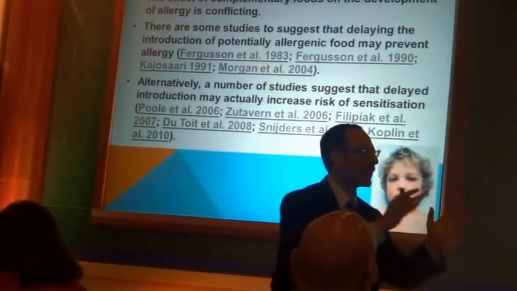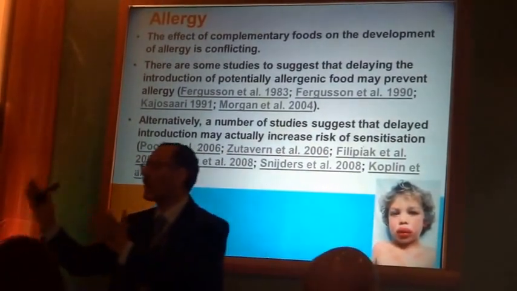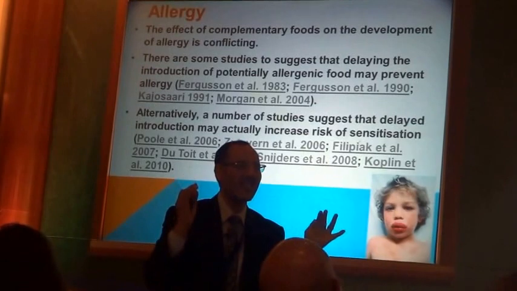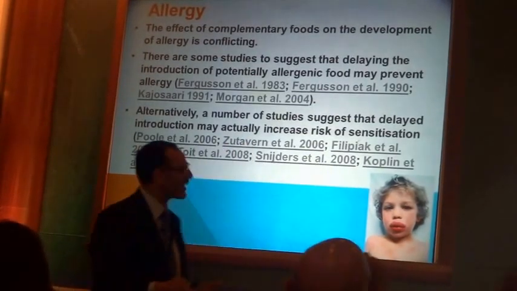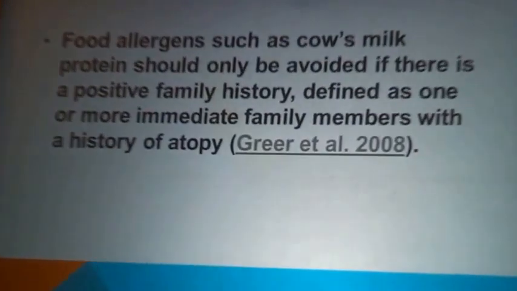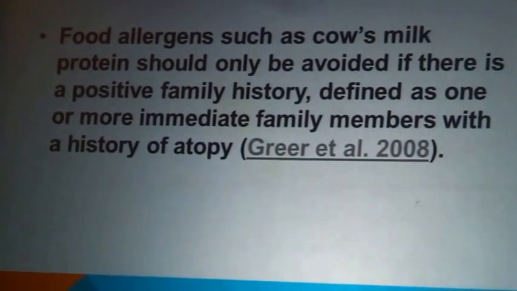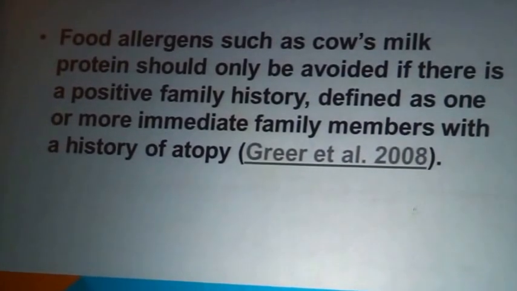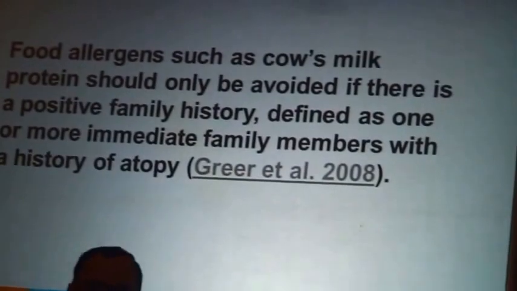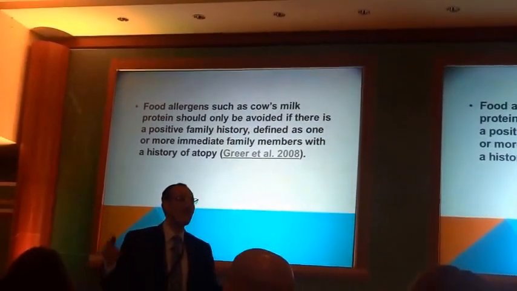Those started at the age of 6 months were similar to those who started at the age of 12 months. There is no risk decrease by avoidance of food, except some studies on cow's milk that demonstrated if there is a positive family history for cow's milk allergy, the risk is there, and you may postpone it for this sector of persons, not as a general rule for the community.